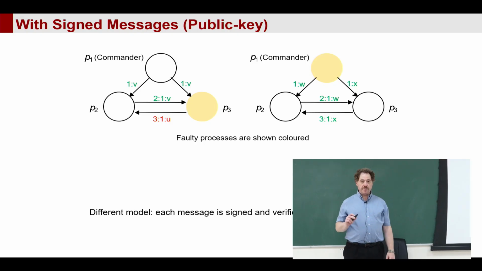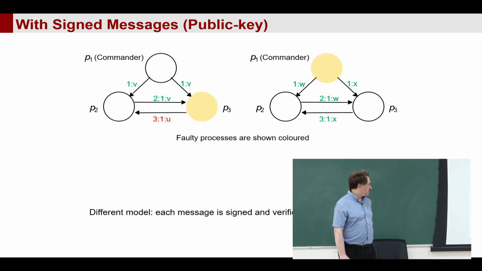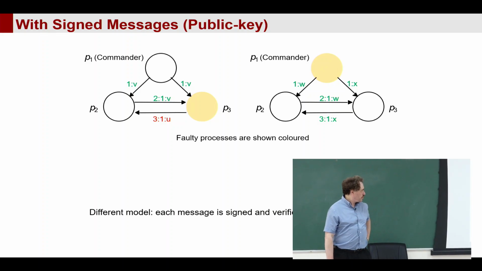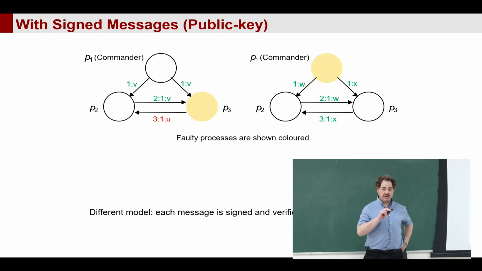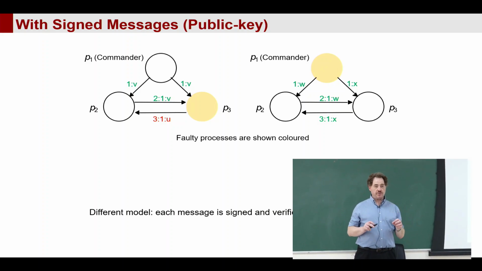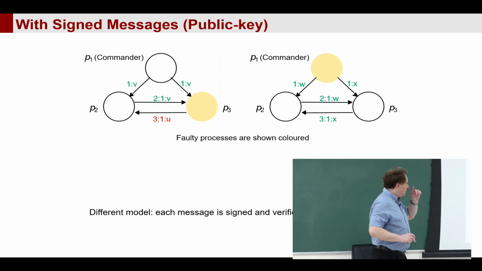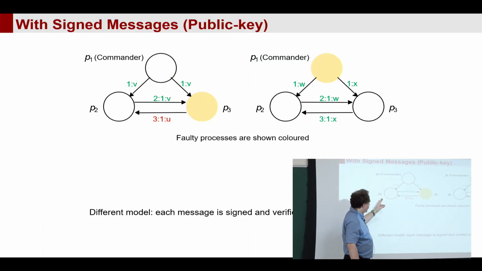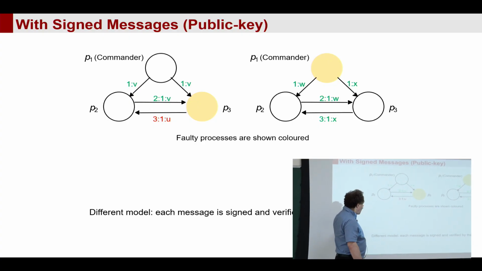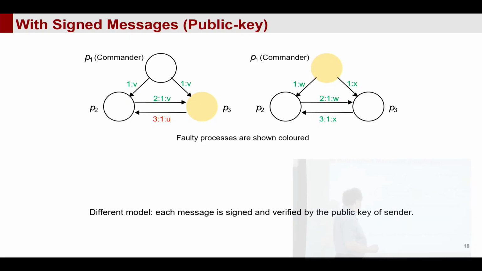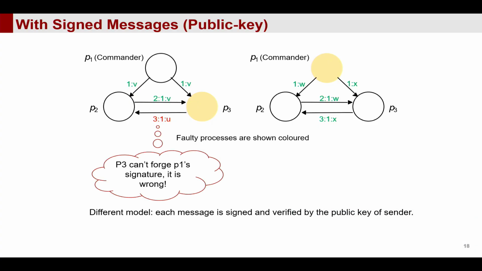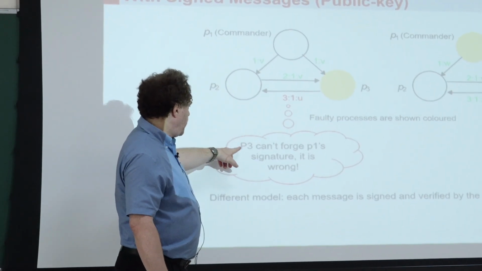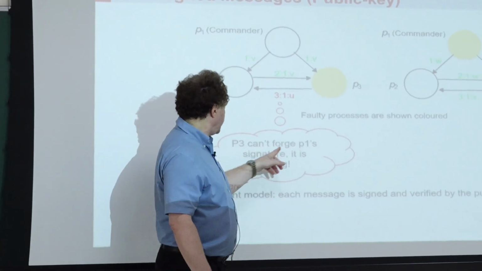The result can be alleviated, mitigated with digital signatures. So if every message is signed, the result doesn't exactly hold. Okay, that's the same scenario, but with digital signatures. In this scenario, P3 cannot forge P1's signature.